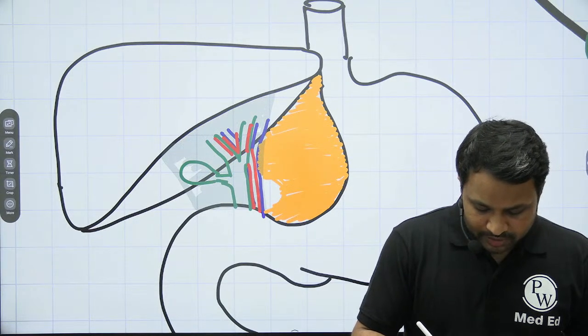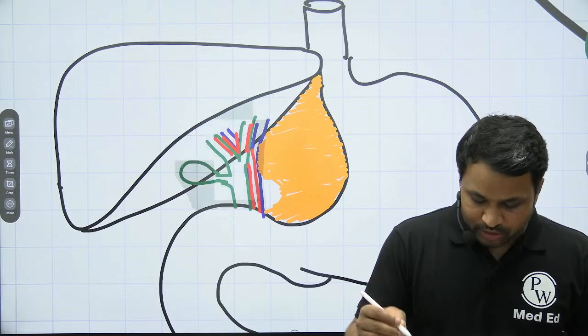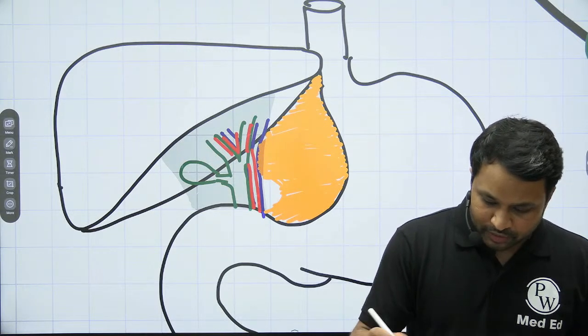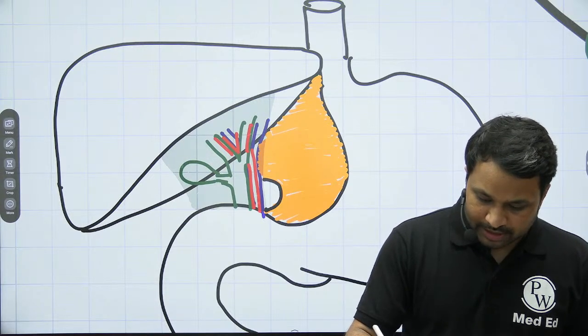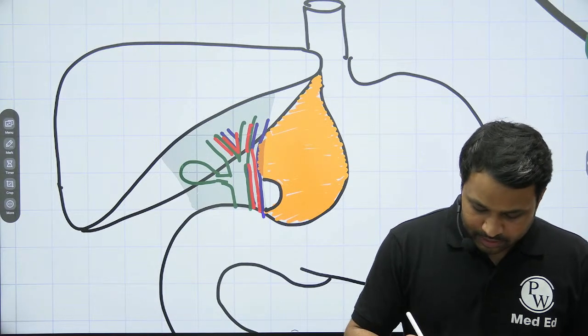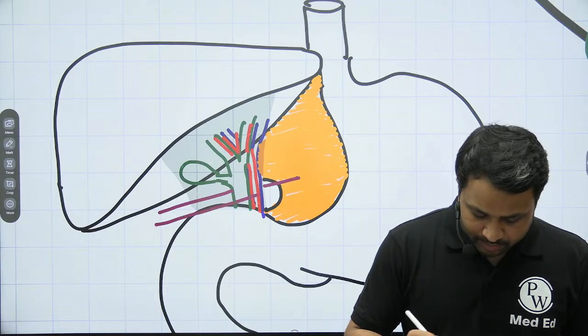So whenever there is bleeding occurring from the liver bed, how do you control this bleed? Through this small opening, that is your foramen of Winslow. Foramen of Winslow के through I am going to put a clamp. I'll take a clamp and insert it through the foramen of Winslow and then clamp this entire area.